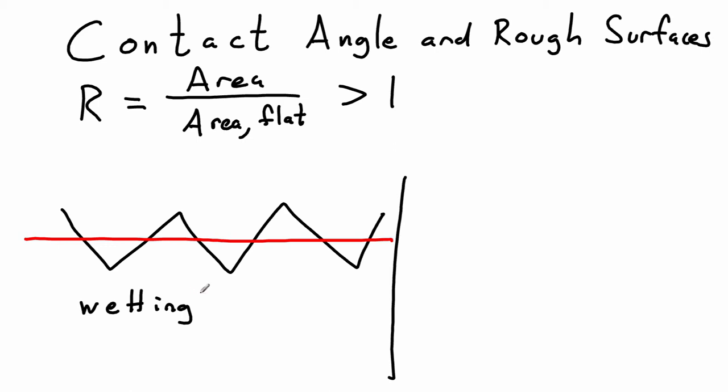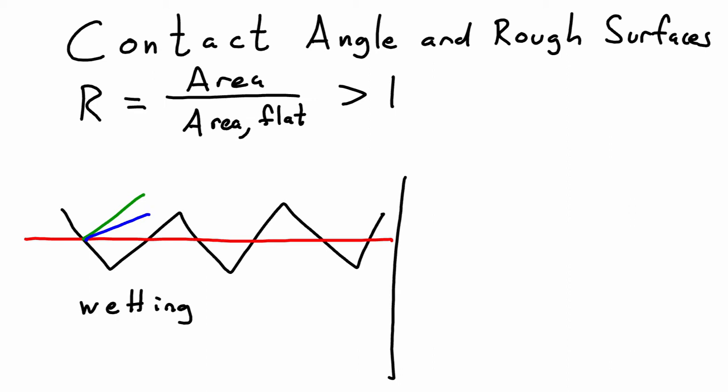And if we have something wetting, we know the contact angle is less than 90 degrees. So we'll imagine drawing something normal to the surface here at 90 degrees. So the contact angle is something less than that. So our water droplet or a liquid droplet would come out at something less than 90 degrees.